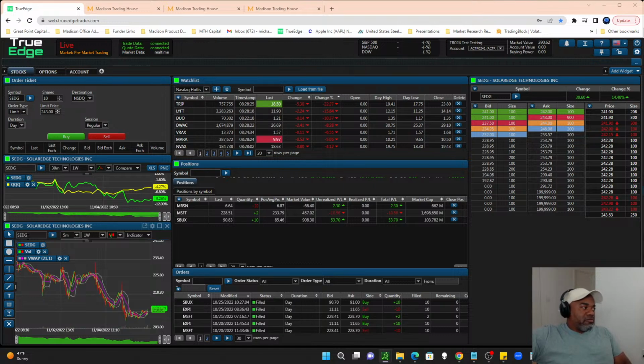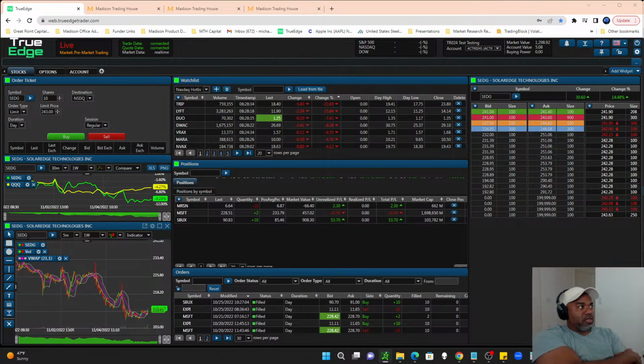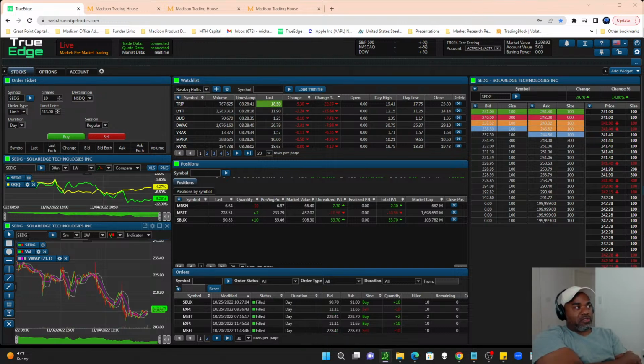So that's not really what we're looking for either. Generally speaking, the price range I'm sticking to is $3 a share at the lowest end to maybe just over $100 a share at the highest end. I'm usually between $3 and about $50 a share. That's usually the prime real estate for this.